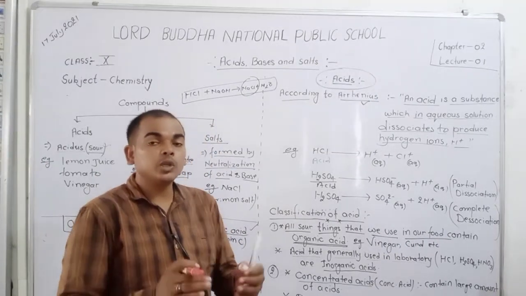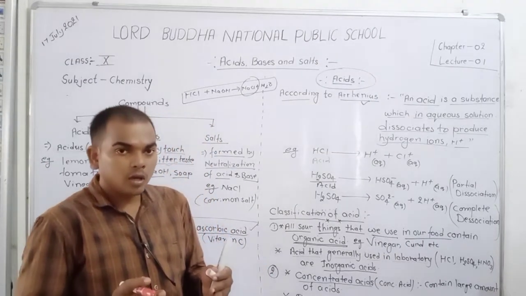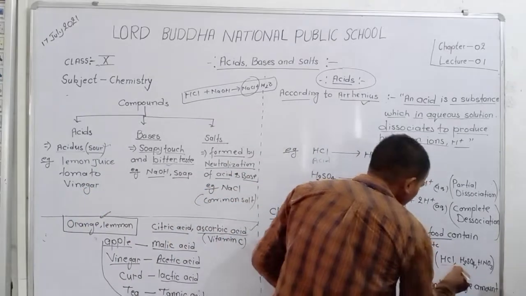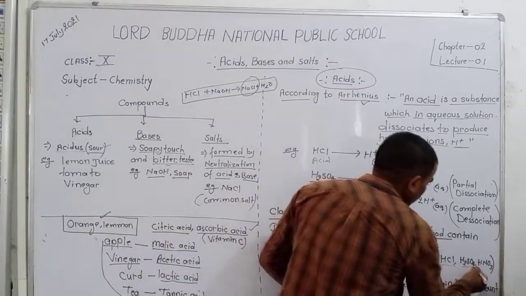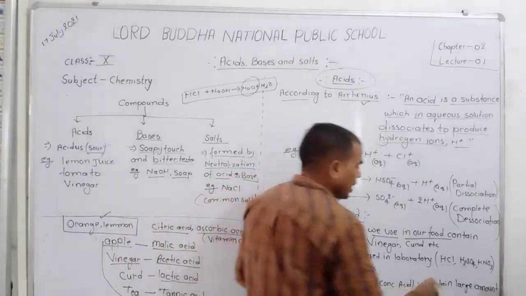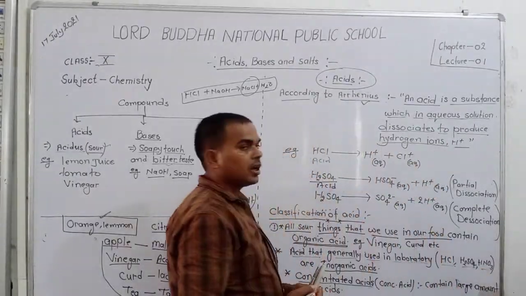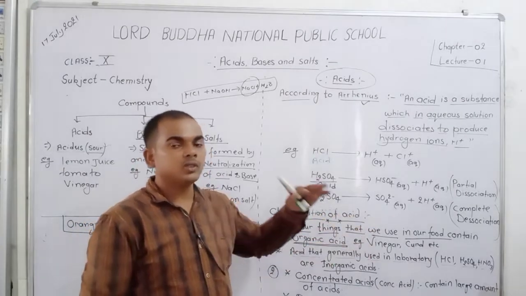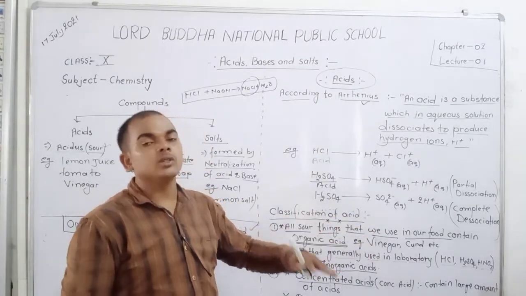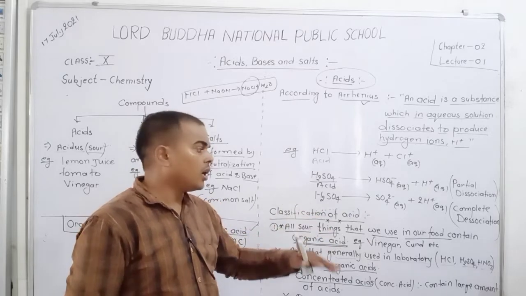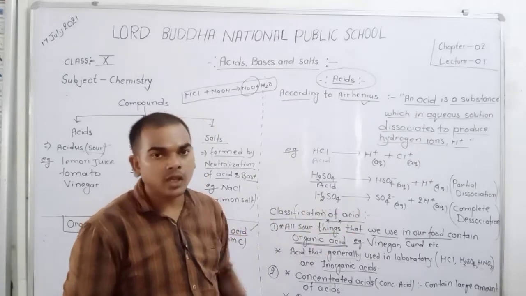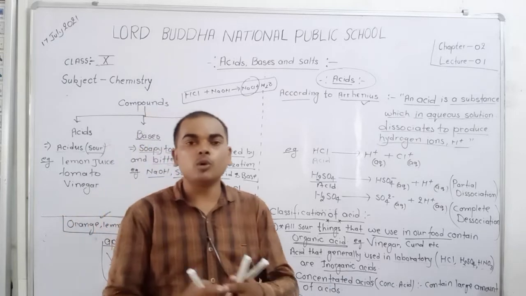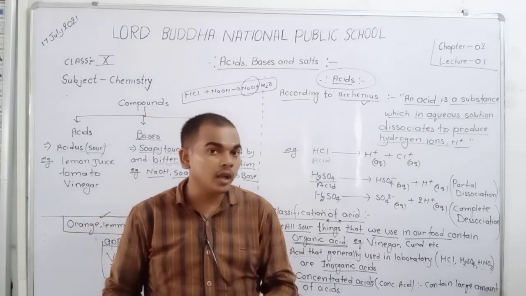Dear student, mostly we use acids in laboratory such as HCl, hydrochloric acid, H2SO4, sulfuric acid, and HNO3, that is nitric acid. The most commonly used acids in laboratory are hydrochloric acid, HCl, sulfuric acid, H2SO4, and nitric acid, HNO3. The acids which are generally used in the laboratory are known as inorganic acid.